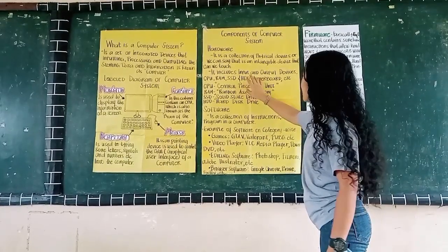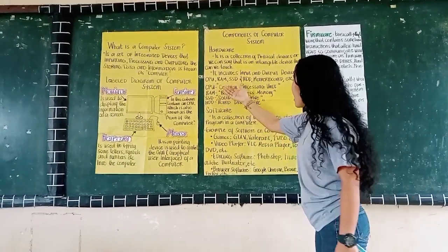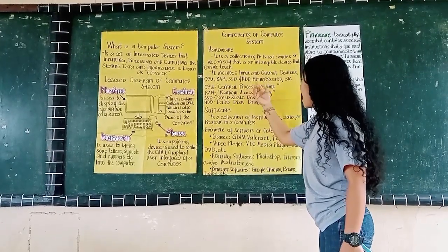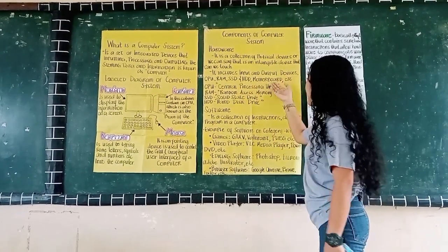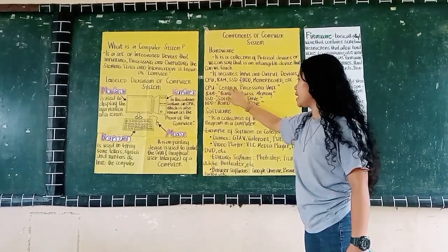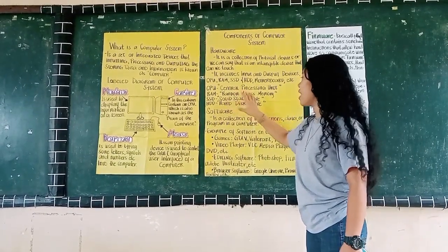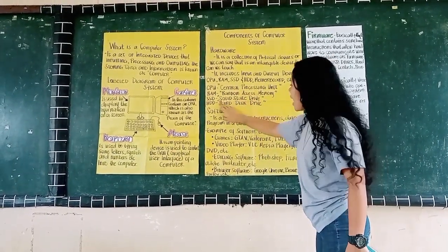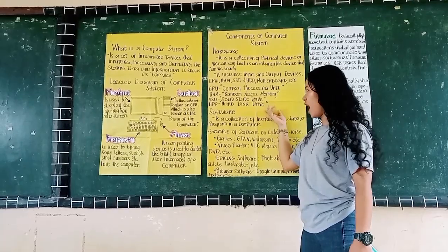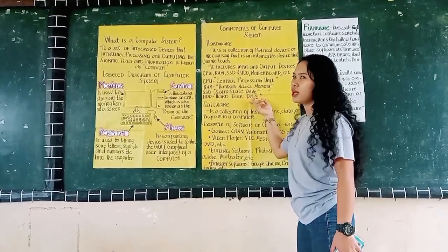So it includes input and output devices, CPU, RAM, SSD, and HDD, and then the motherboard, and many more. When we say CPU, it is a central processing unit. And the RAM, random access memory, SSD, solid state drive, and then HDD, hard disk drive.